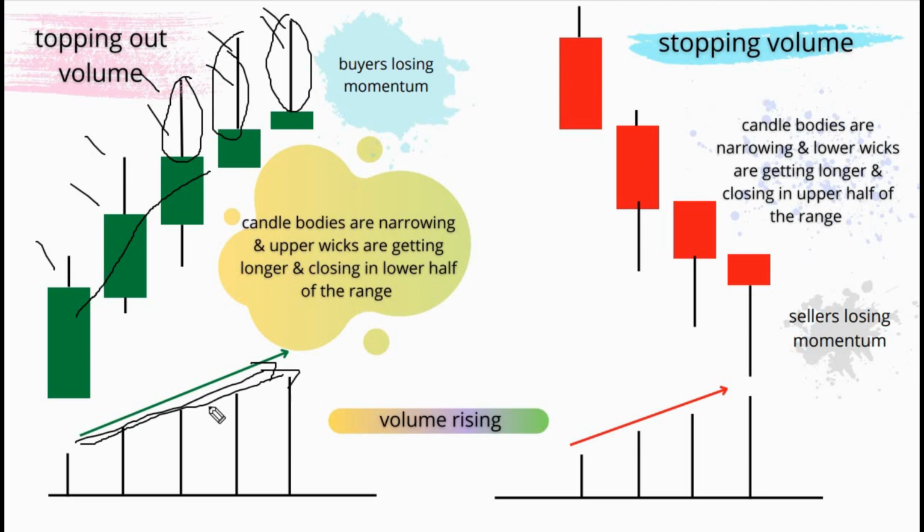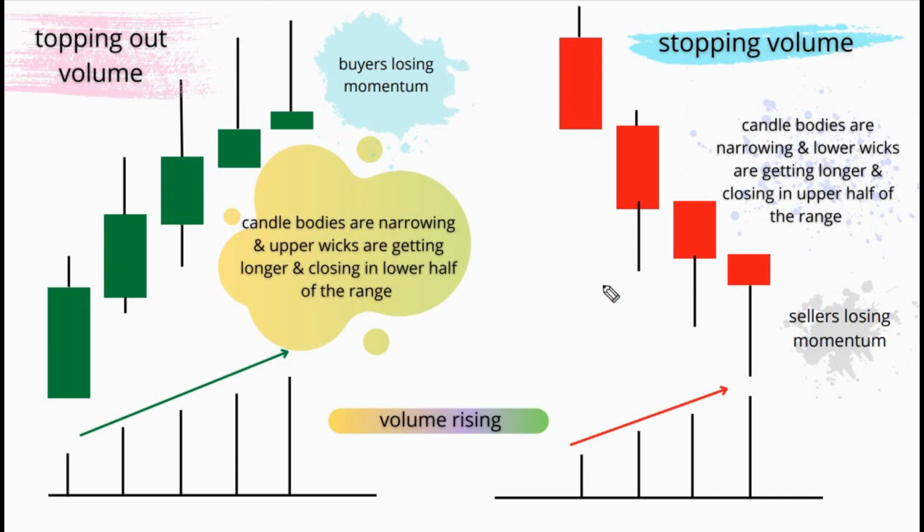So what does this indicate? That at this price area, institutions are coming in the markets and they are selling off aggressively.